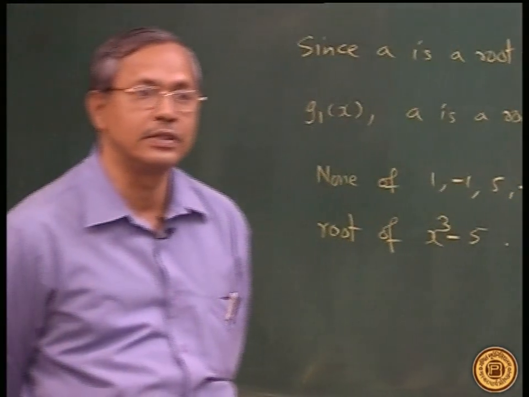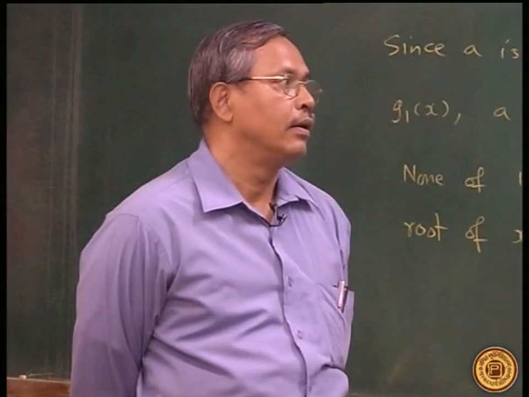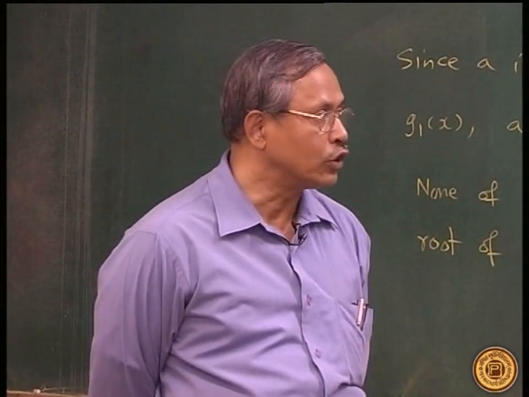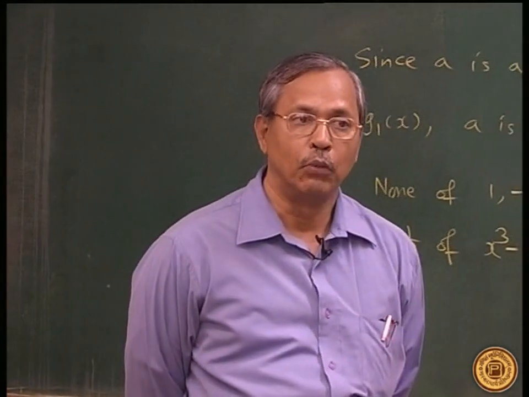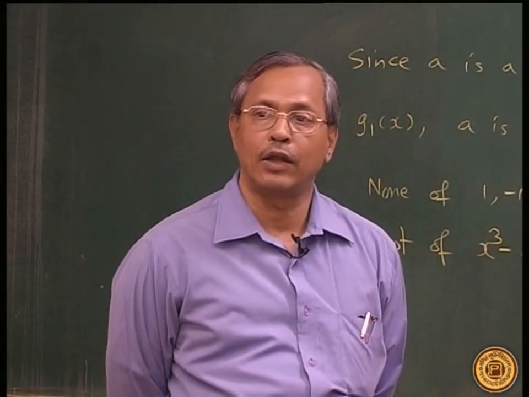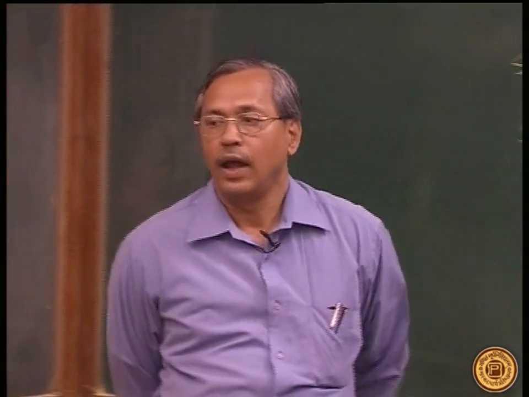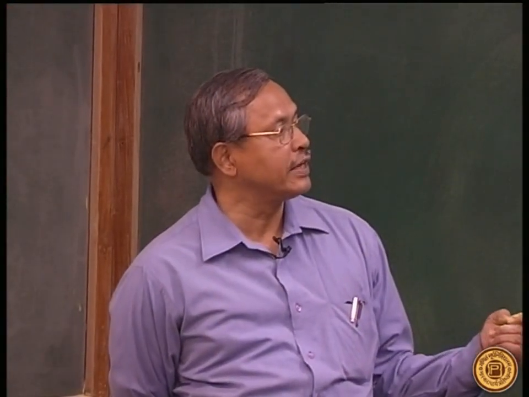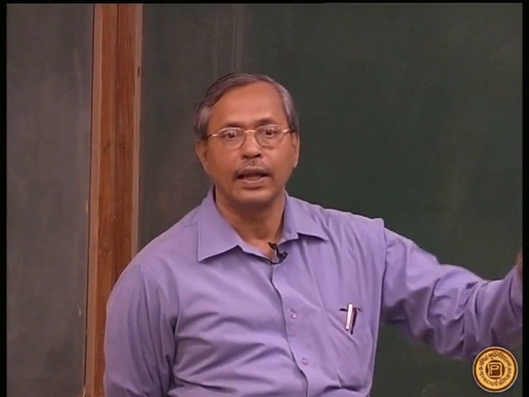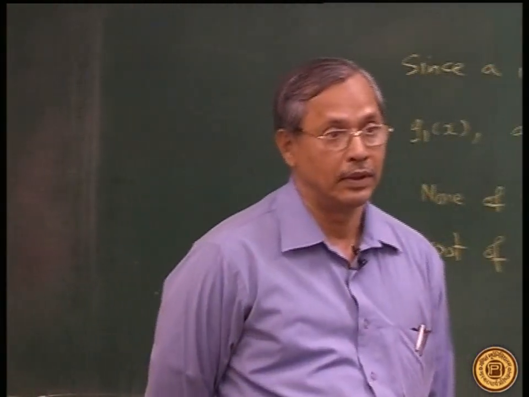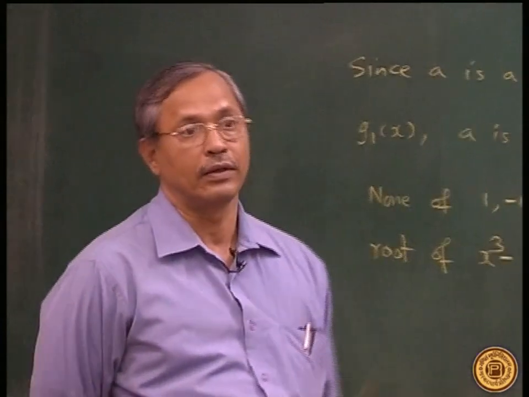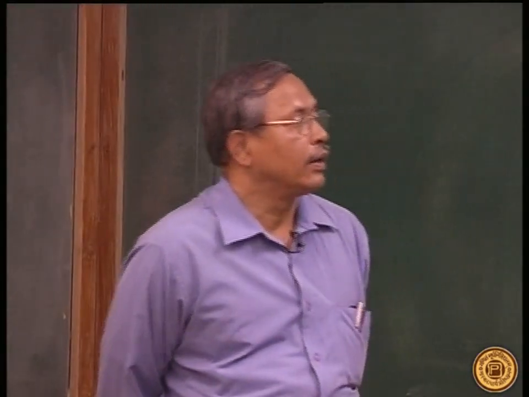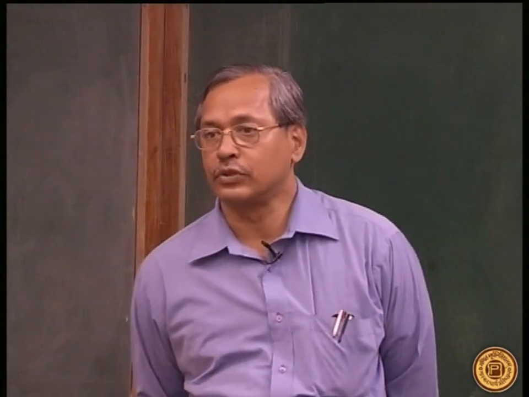One of the factors is a linear factor, degree 1 factor. Then you can assume that G1 and G2 are both monic. By Gauss theorem they are over integers, and then if the linear polynomial is x minus a, that a has to divide the constant term. Then just check whether it is a root or not. This is the usual test, and to get linear factors we use such a test.